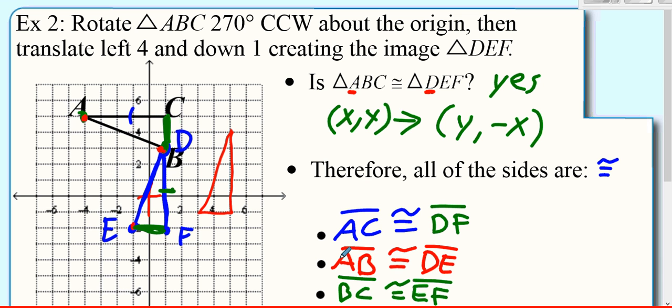A goes with D because they were both first here. D was the middle letter and E was the middle letter, so those are going to match up. Wherever we had a B, we had an E. And the same thing with C and F. C and F would go together every single statement you write.